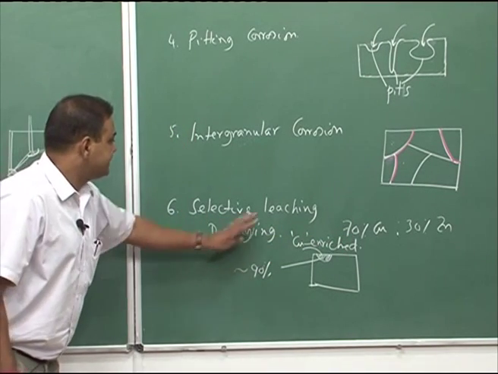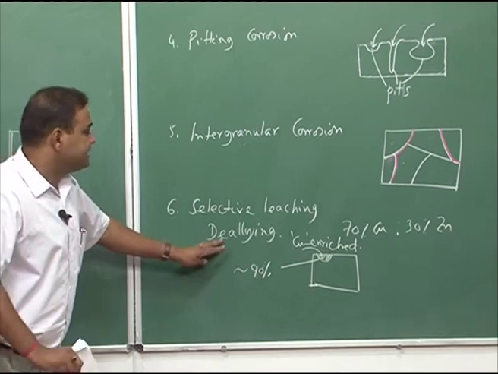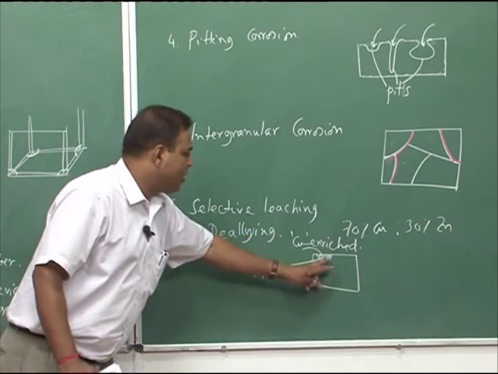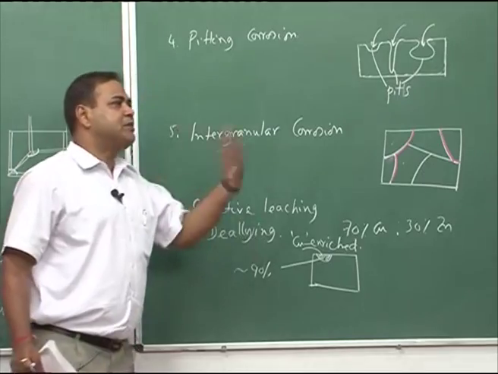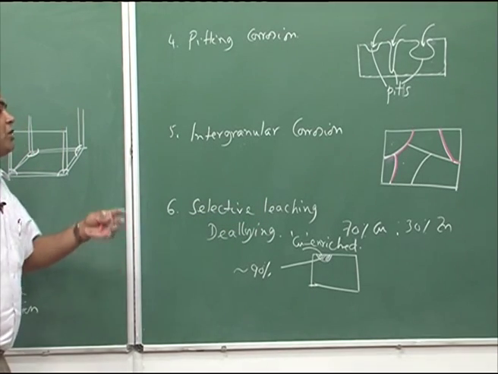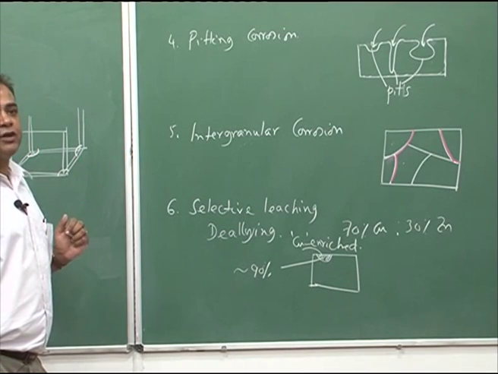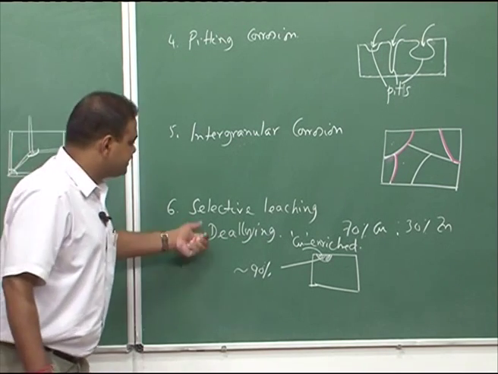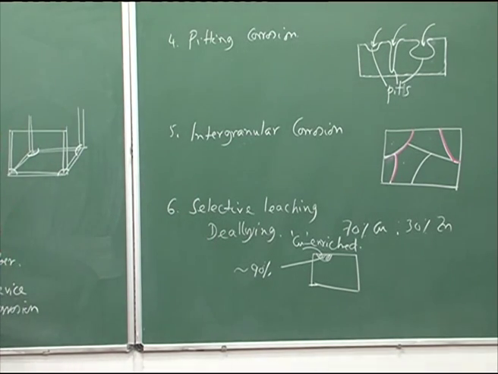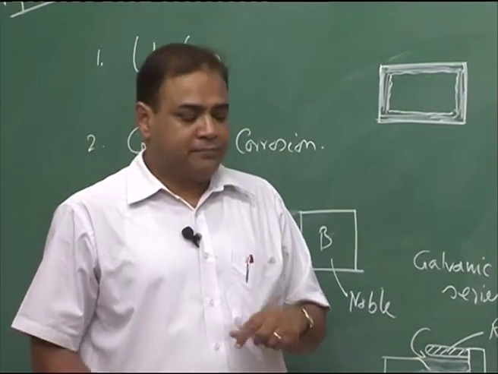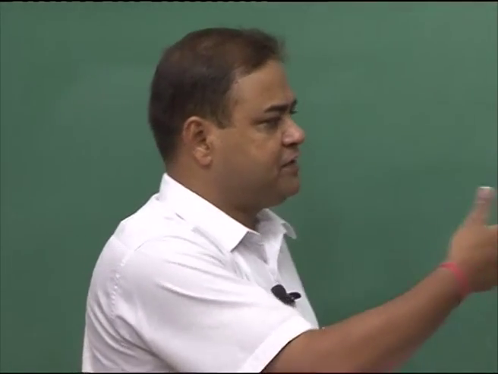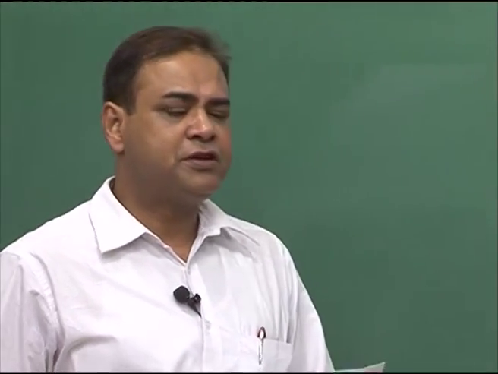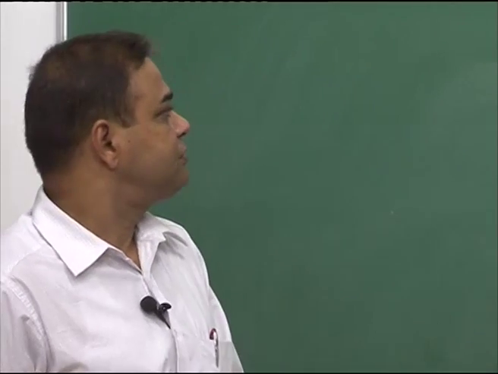This is called selective leaching, or we call it de-alloying, since the alloying element zinc is coming out from the substitutional position in the solid solution. So, this is an example of selective leaching or de-alloying. So, we have seen six different forms of corrosion depending on the appearance.